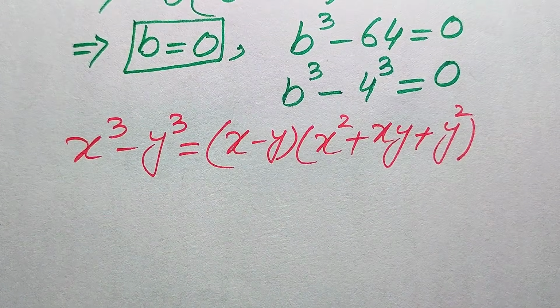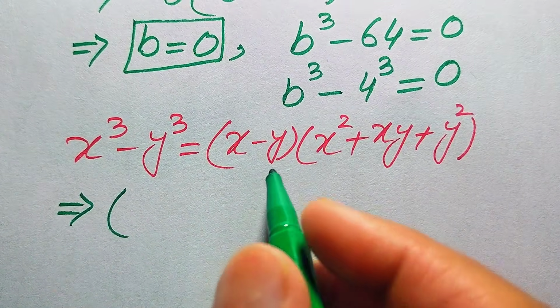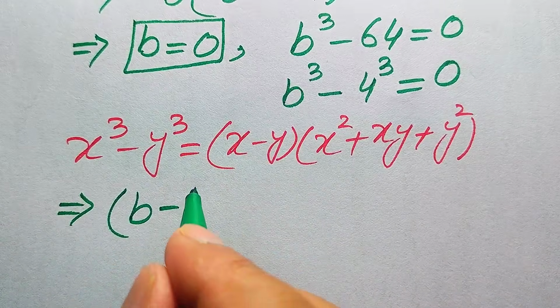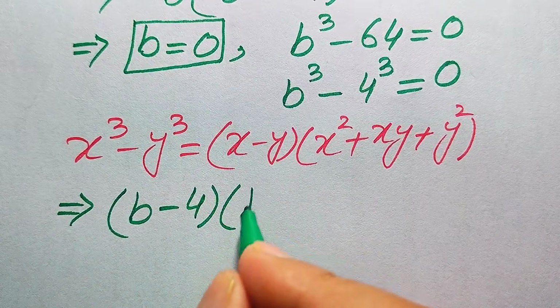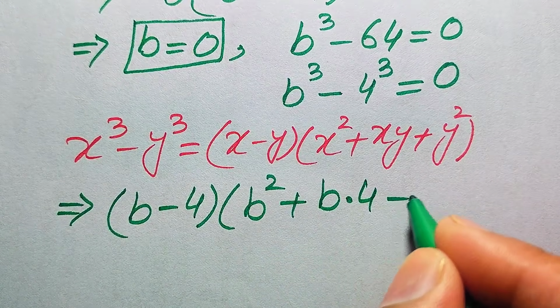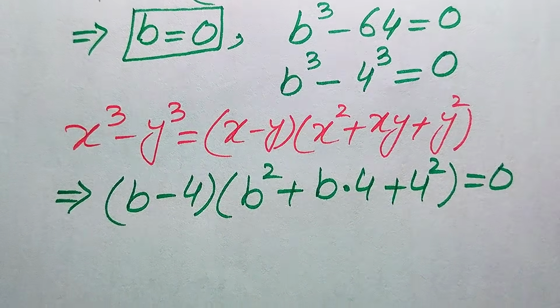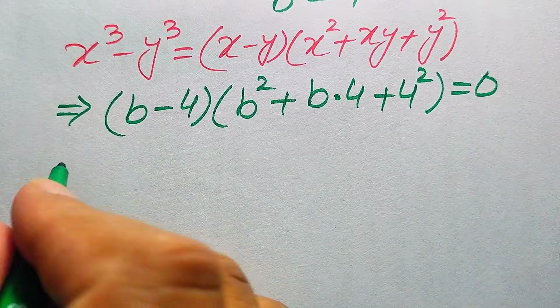So according to this cubic formula, we write the above equation in this form. Here our first factor is x minus y, so we write it as b minus 4 times b squared plus b times 4 plus 4 squared, and this whole equation equals 0.